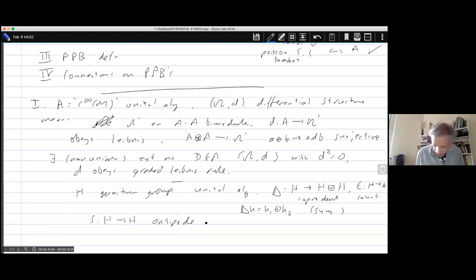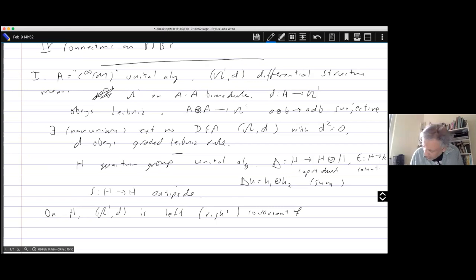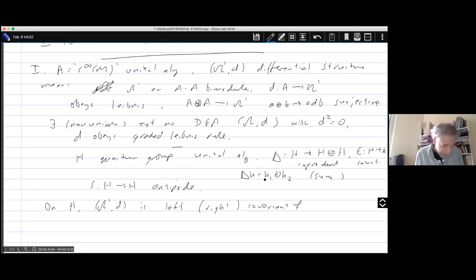Okay. Now, what do we need? We need omega on H. On H, omega 1 of H was the differential structure. Omega 1 of H is left and right covariant. If so, this is the coproduct viewed as a coaction on itself extends.